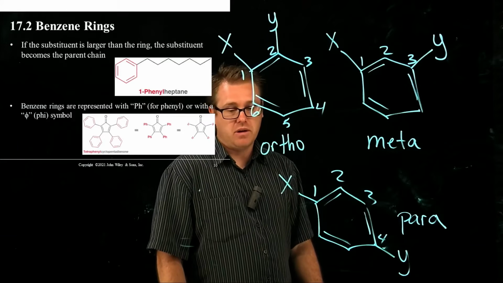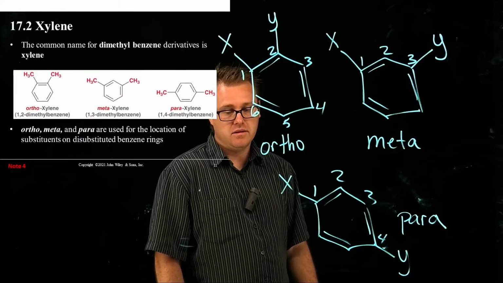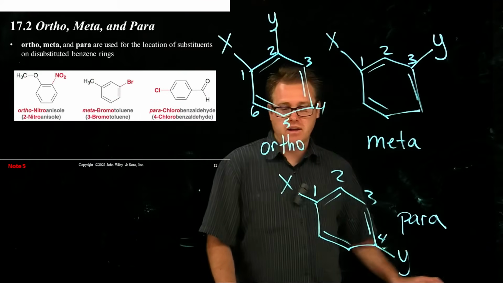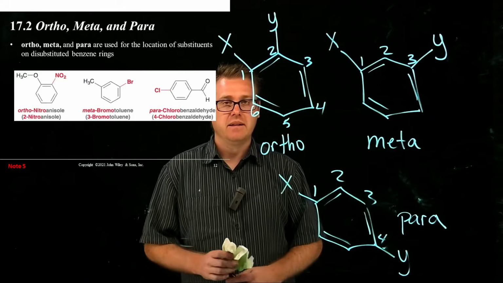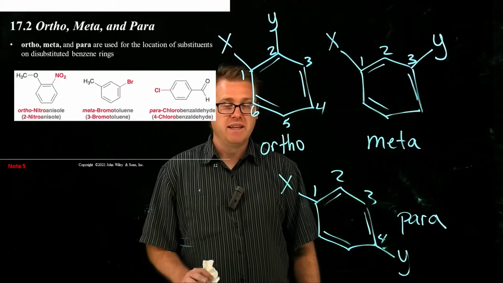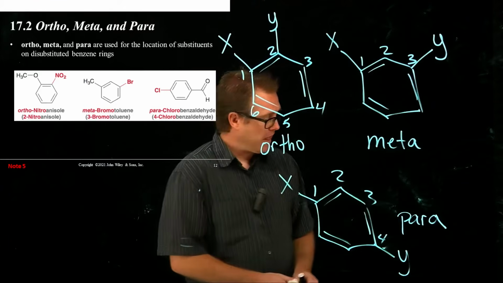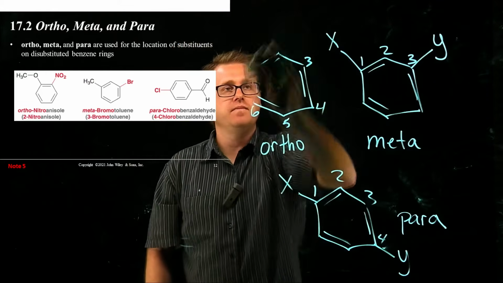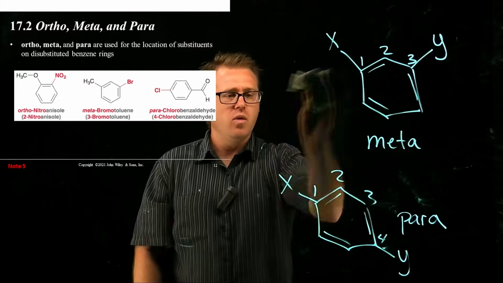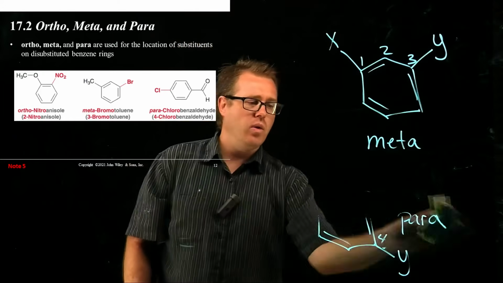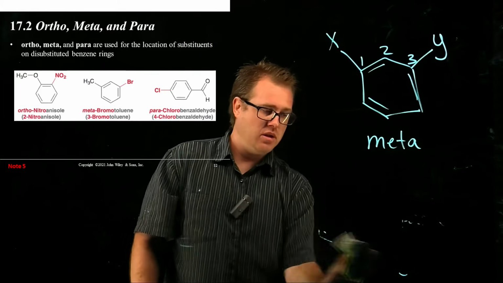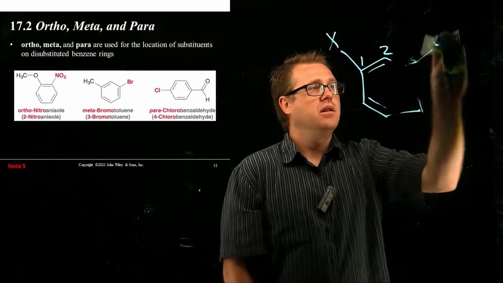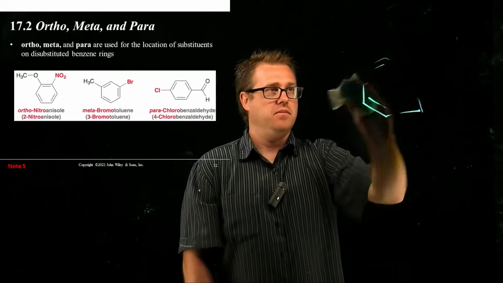But when you come back here, you see we have anisole and toluene and benzaldehyde. Well, we're using the common names now. So when you see a disubstituted compound, how do you know when to use the parent name benzene versus the common name?